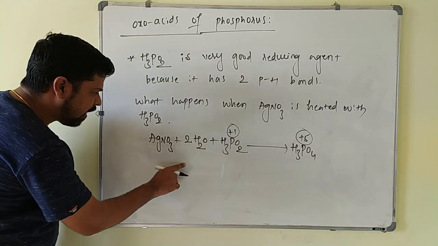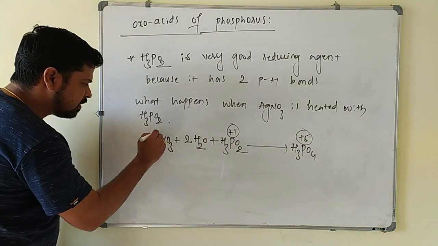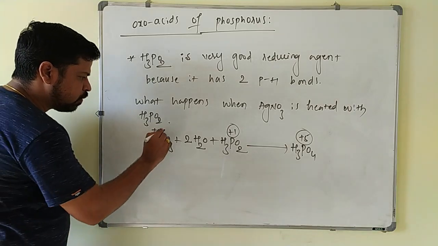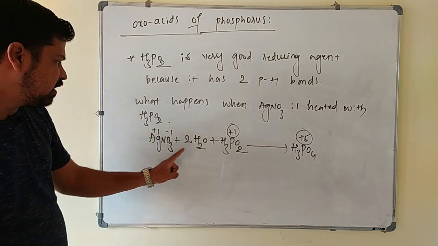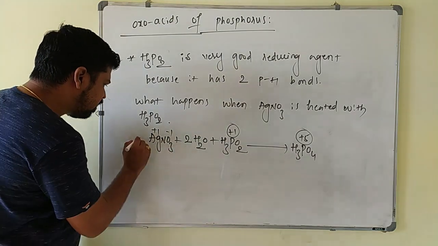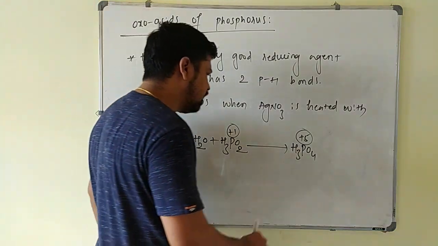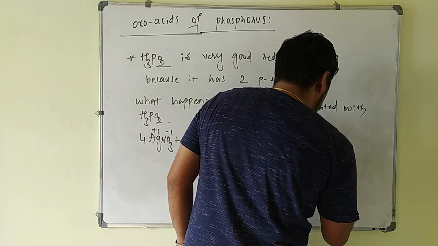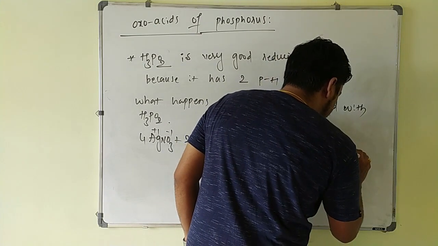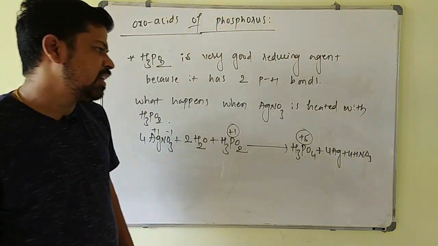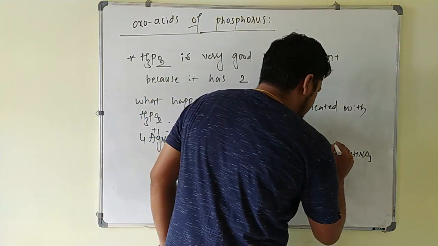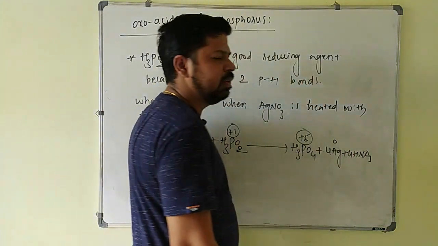These 4 hydrogens will react with NO3 minus. This is Ag plus 1 and NO3 minus, so they will form HNO3. So 4 hydrogens are there, and you have to take 4 times AgNO3. You will get 4 times metallic silver plus 4 times HNO3. That's it. Metallic silver is formed, which has oxidation state 0.